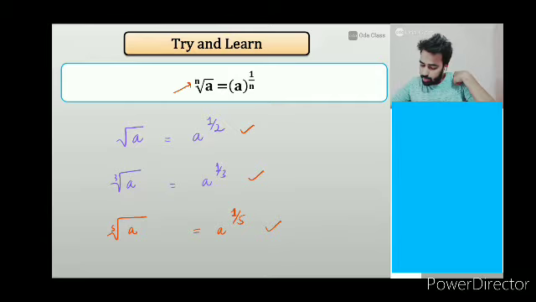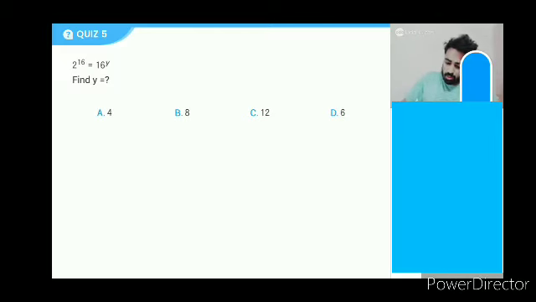So a few questions that I want from you guys. This type of question: 2 power 16 is 16 power y. You need to find the value of y. So how will you do it? First you represent 16 as 2 power whatever is there. 2 power 4.